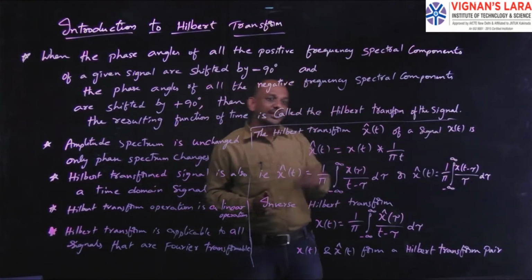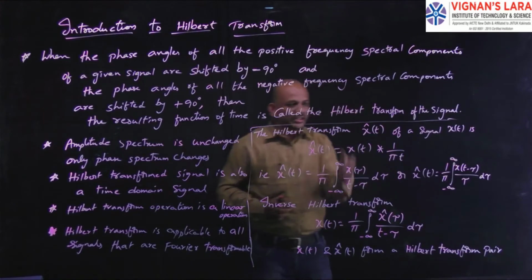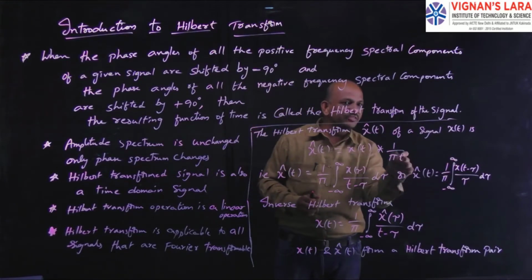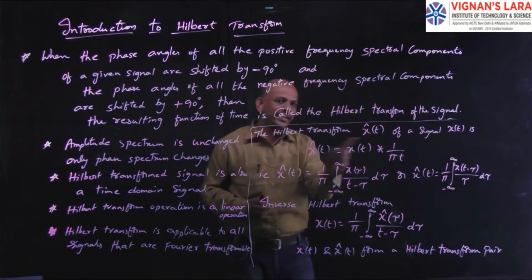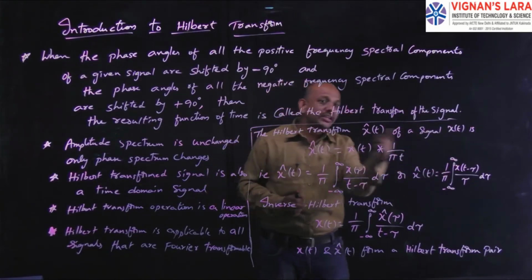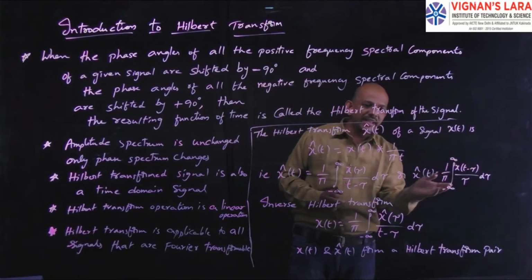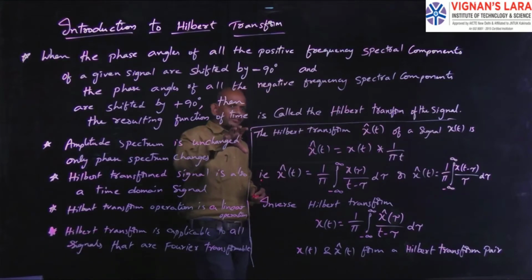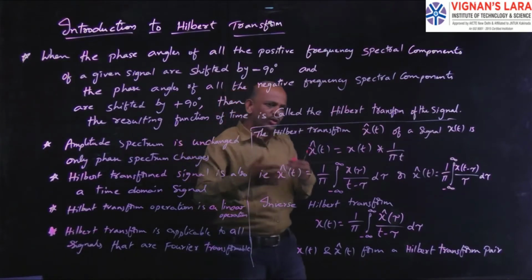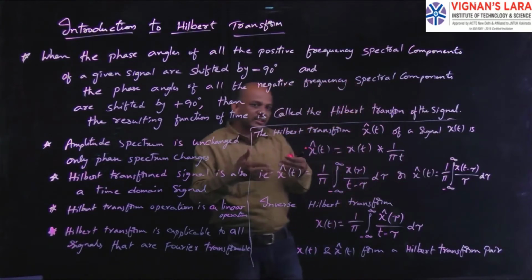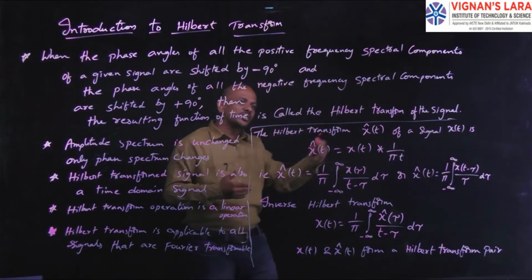Or we can write the convolution formula in another way. That is, here we have to go for t minus tau and here the t is replaced with tau. That is 1 by pi integral minus infinity x of t minus tau by tau. So here simply the first function is replaced with tau and the second function will be replaced with t minus tau, or first function is replaced with t minus tau and the second function is replaced with tau.